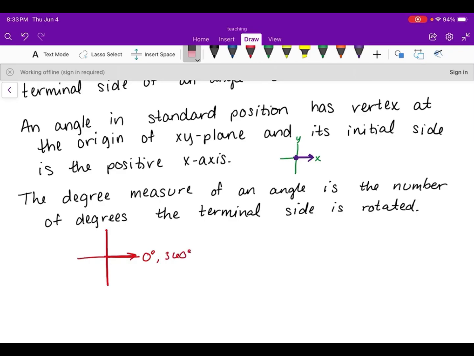Half of 360 degrees would be 180. So over here, this is 180 degrees. So let's say my terminal side is here. That means that my entire angle is actually from this initial side all the way to this terminal side here. This is also called a straight angle, but this is 180 degrees.